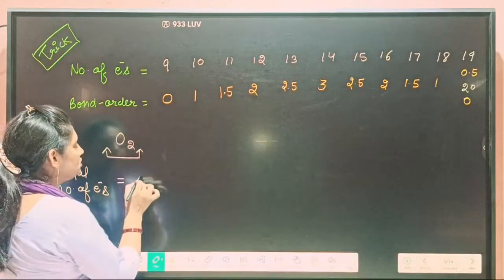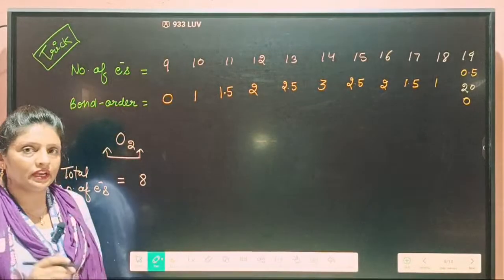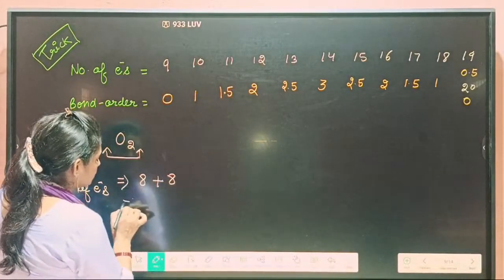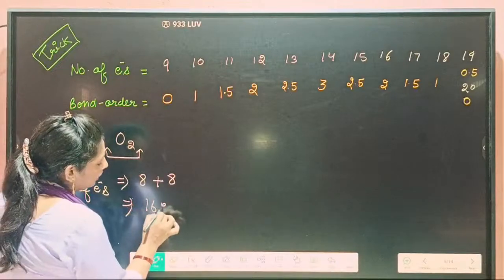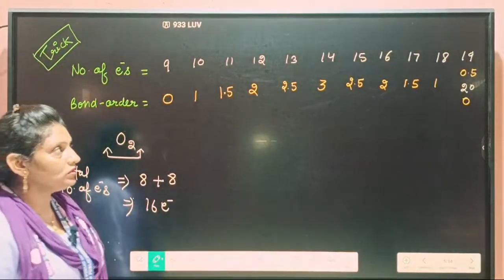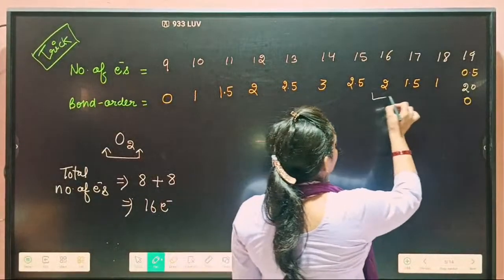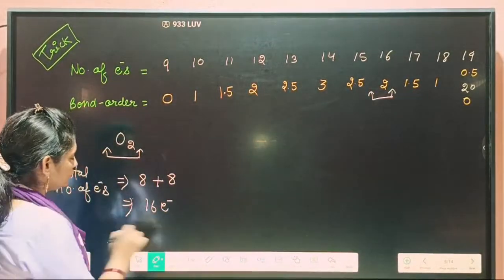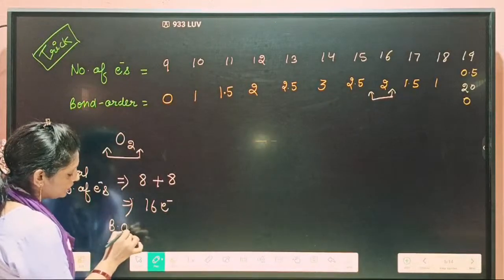There are 2 oxygen atoms. So in 1 there are 8 and in 2 there will be 16 electrons. And if electrons are 16, then bond order will be 2. So its bond order is 2.